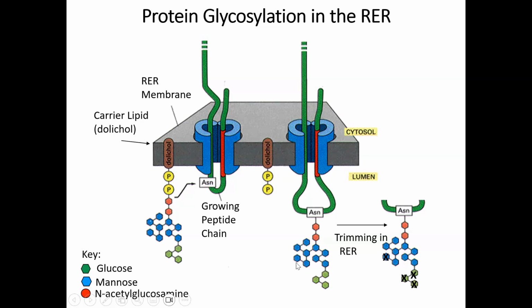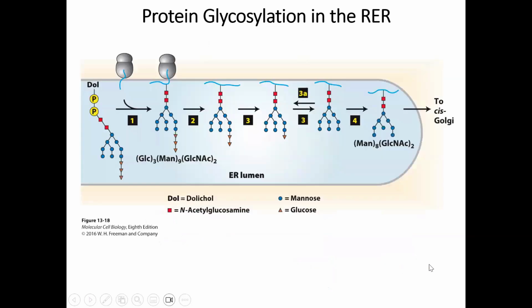Now, what we are going to see, that you have 2 N-acetylglucosamine, 9 mannose, 3 glucose. They are going to be trimmed by these different glycosidases. So they are going to digest these, and it's going to have a different form, and that is essential for the folding and quality control of the protein, and we are going to see that. So what you are going to see, that right here you have the 2, 9, 3.